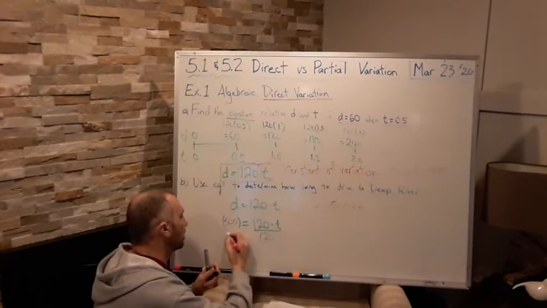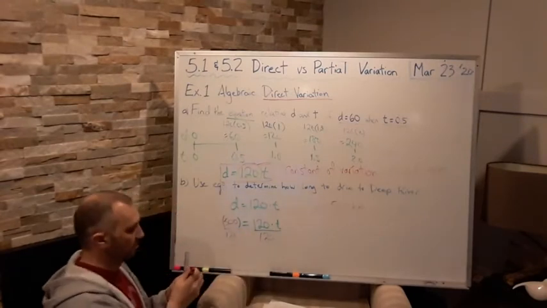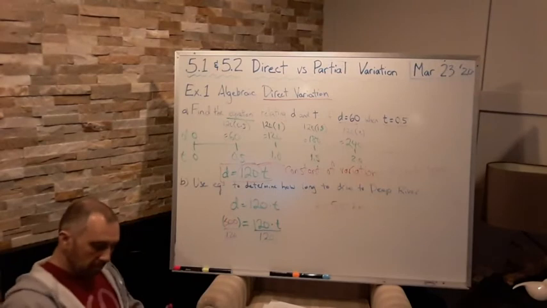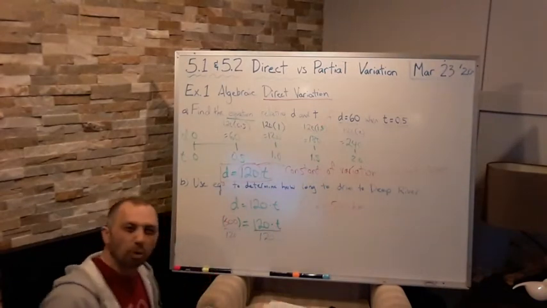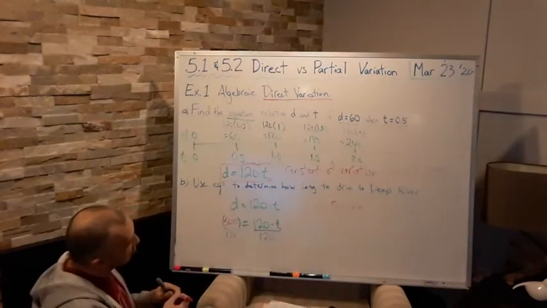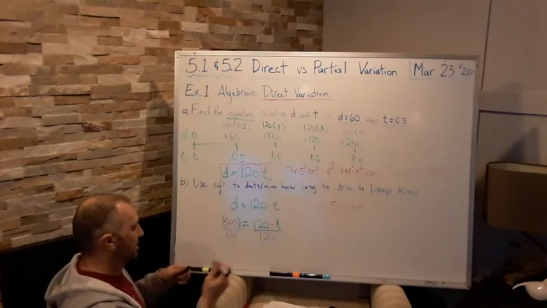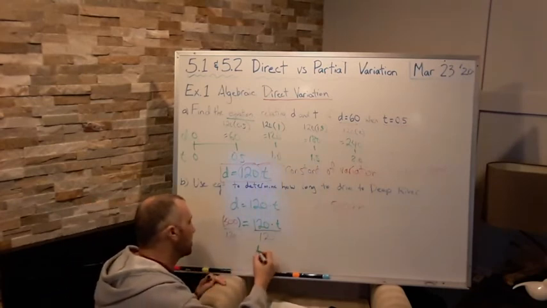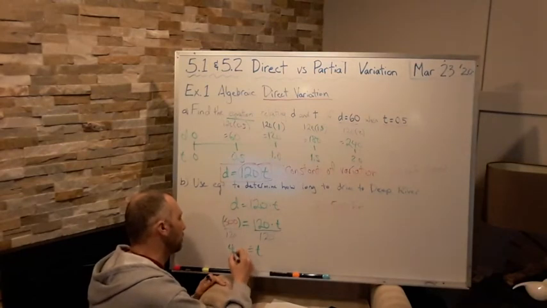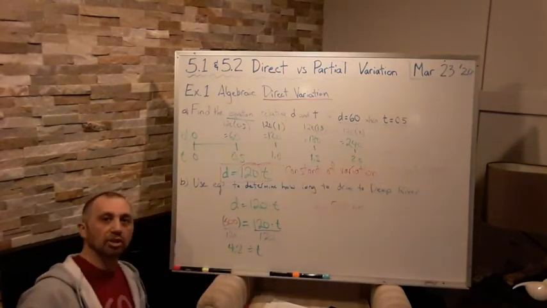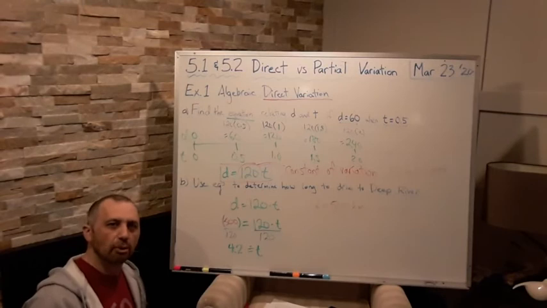And over here, I'm going to divide by 120. So 500 divided by 120 is 4.166. Let's just write it as t is approximately 4.2. Close enough. So a little more than 4 hours.